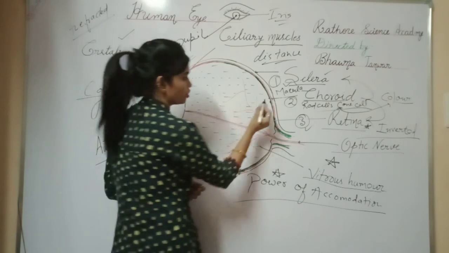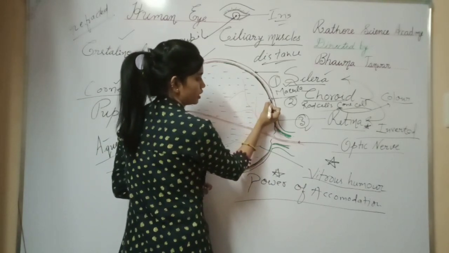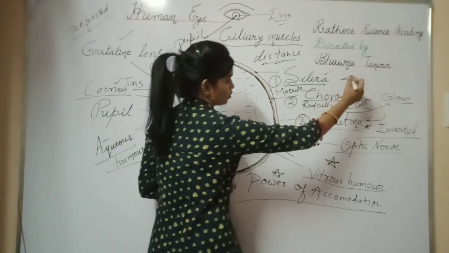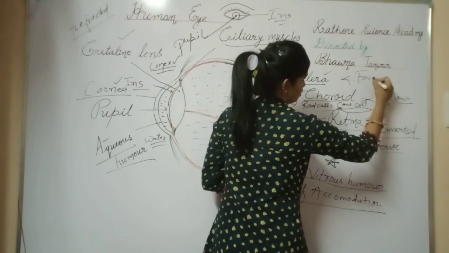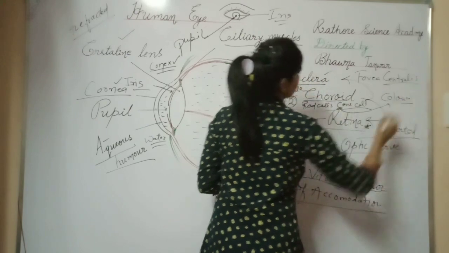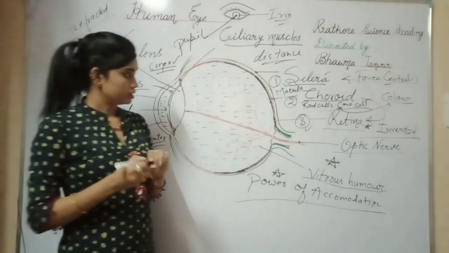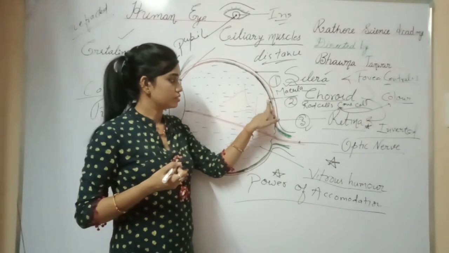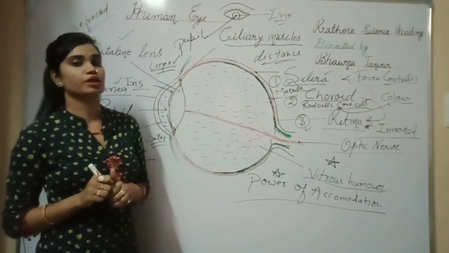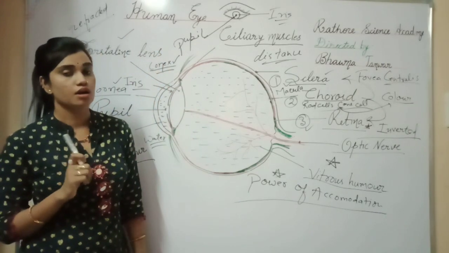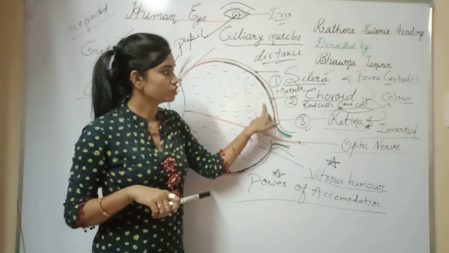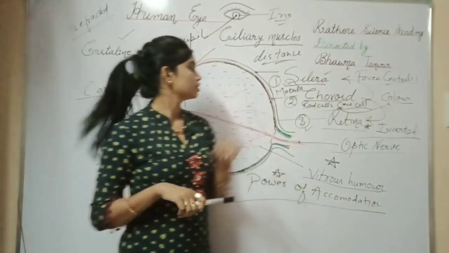And the depression of this macula is known as fovea centralis, which is present on macula. Here the maximum number of cone cells are present. Where are the maximum number of cone cells present on the retina? On fovea centralis.